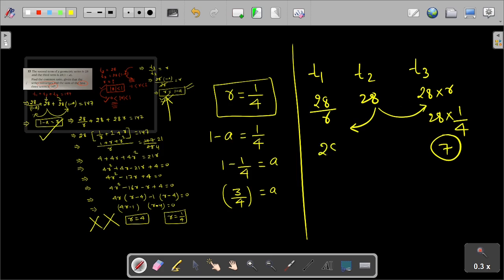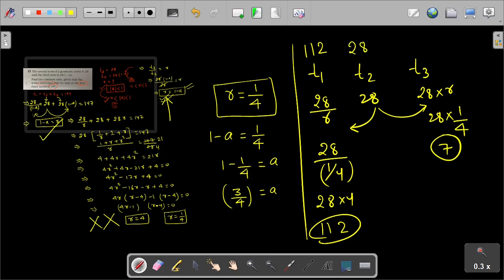R is 1/4, so it's 28 into 4, which is 112. So you can see the first term was 112, the second term is 28, the third term will be 7, like this. So a is not my first term. That concludes that a is not my first term.